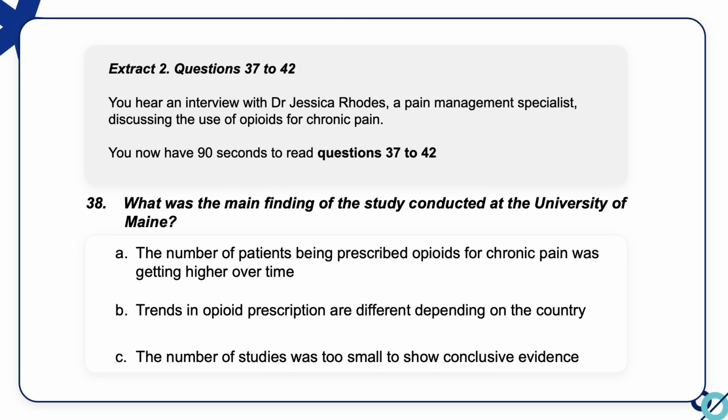You recently completed a study at the University of Maine examining opioid use for chronic pain. What did you and your team discover? We decided that we wanted to understand who is being prescribed these drugs and why. So we collected over 40 observational studies from all over the world that examined the prescription of opioids for chronic pain, and we noticed that over the years, the percentage of patients being prescribed opioids for these conditions had increased.